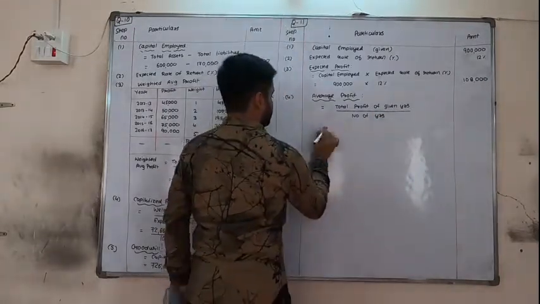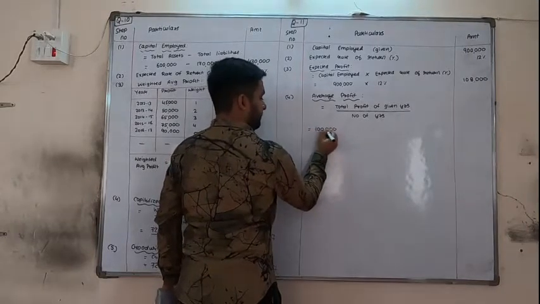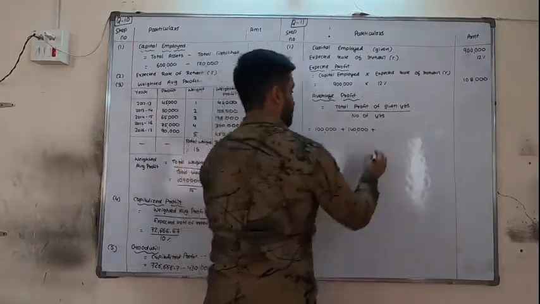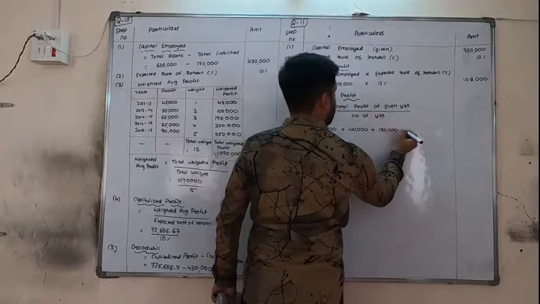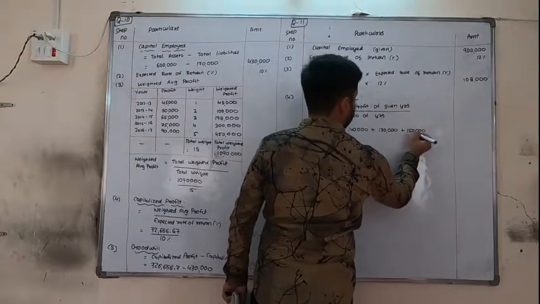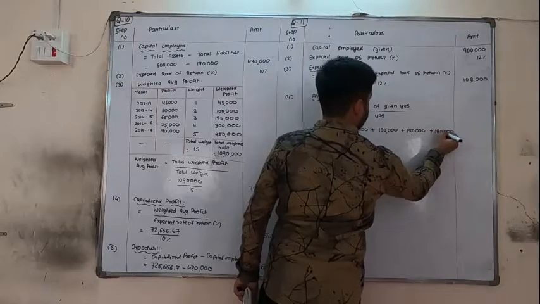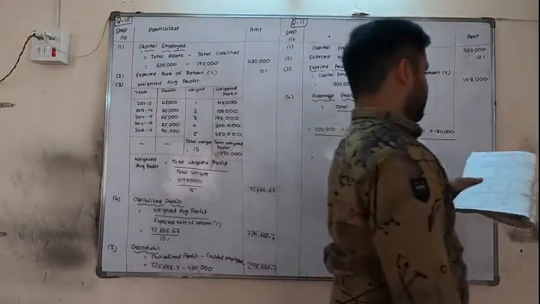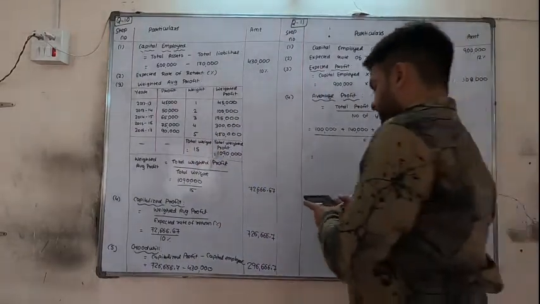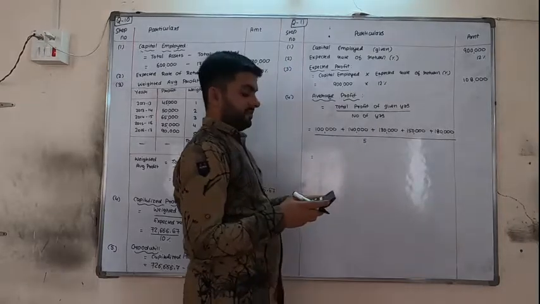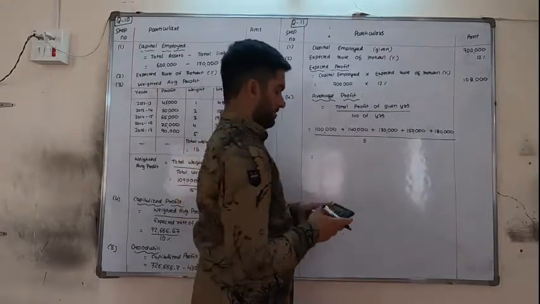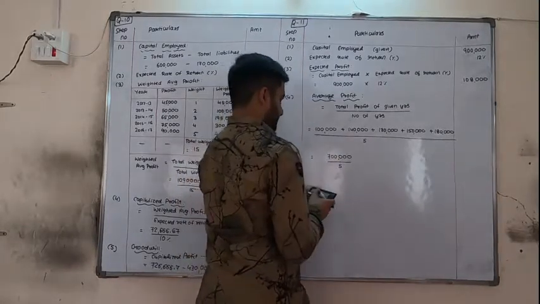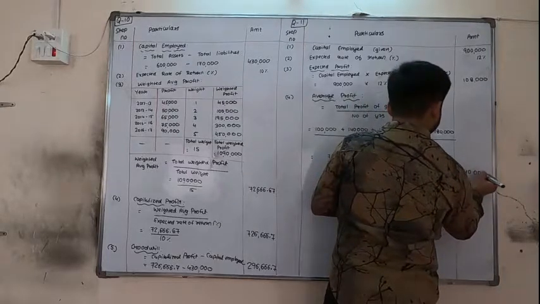So 1 lakh plus 140 plus 130 plus 150 plus 180, divided by 5. So first let's take the total: 1 lakh, 140, 130, 150, 180. So it is 7 lakhs divided by 5. It is 1,40,000.